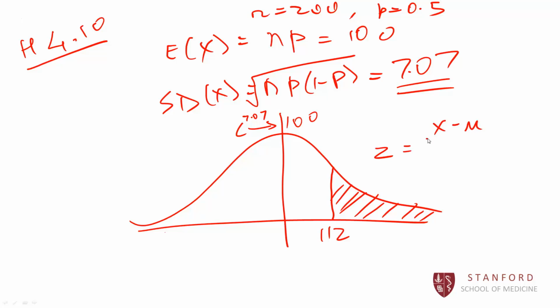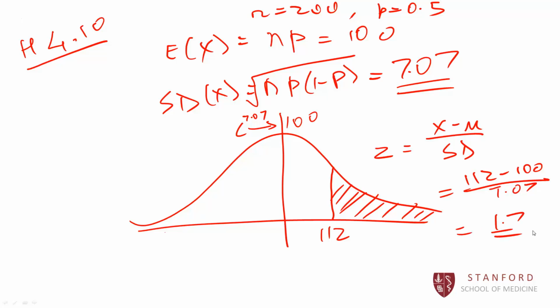We know that z is given by x minus mu divided by the standard deviation. This comes out to 1.7. Thus the probability of choosing a number from this distribution and finding it to be greater than 112 is the same as the probability of z being 1.7 or more, which comes out to 4.45%.